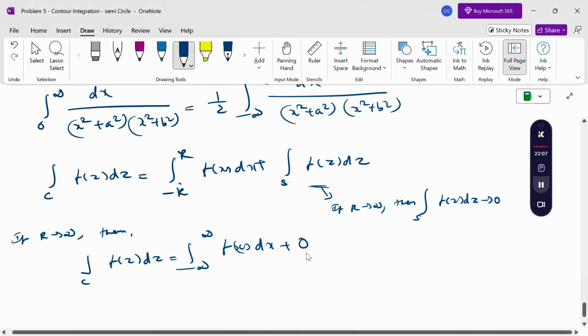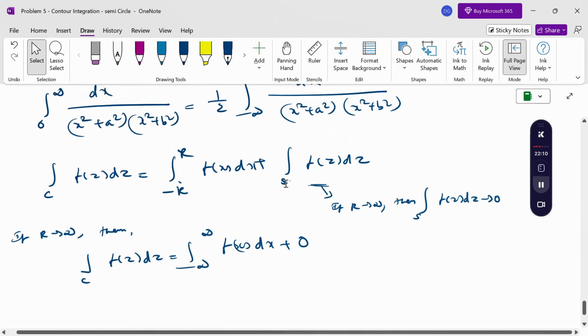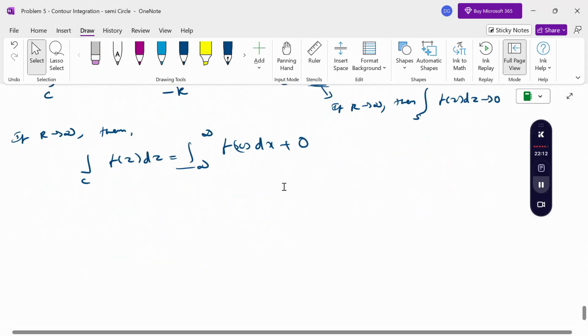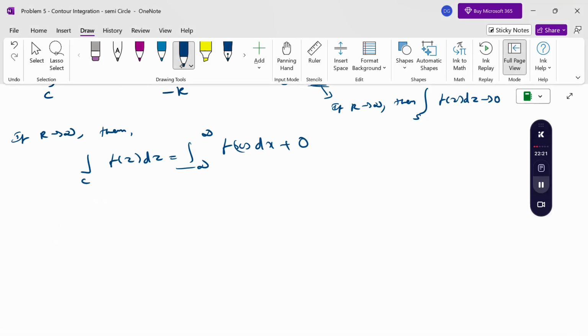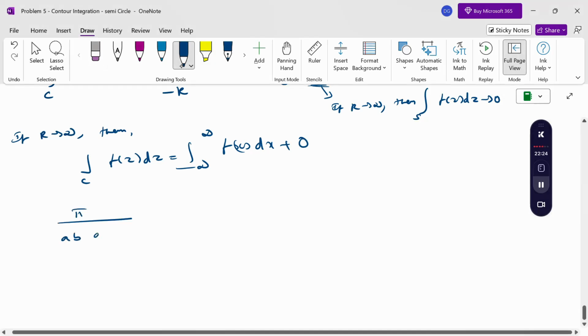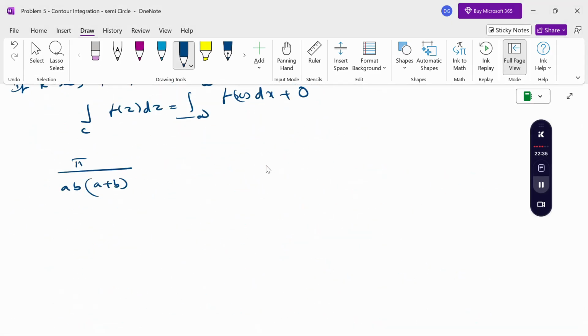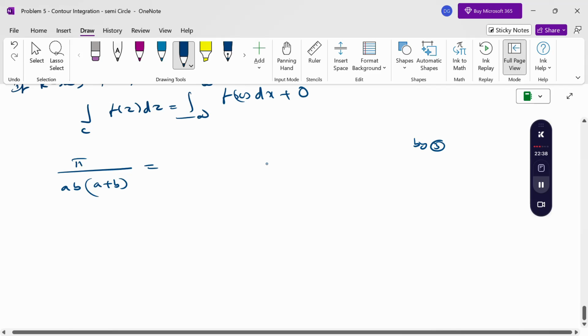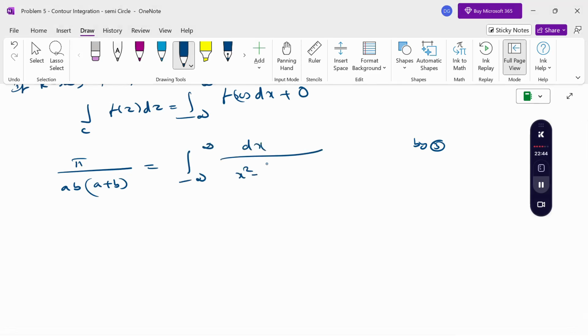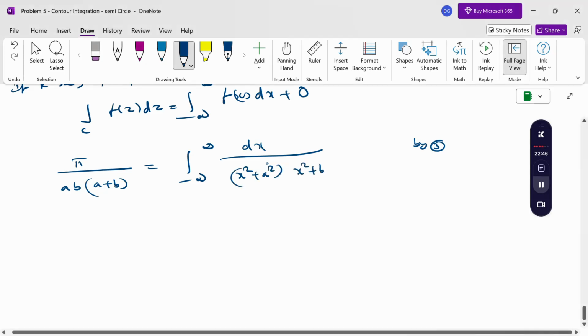For here, integral from minus infinity to plus infinity of f of x dx is the value, so integral over C of f of z dz, the answer is nothing but pi by ab(a plus b). So from equation number 3, it equals integral from minus infinity to plus infinity dx by (x square plus a square)(x square plus b square).